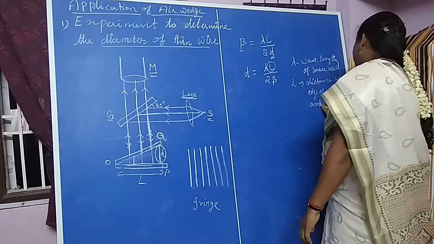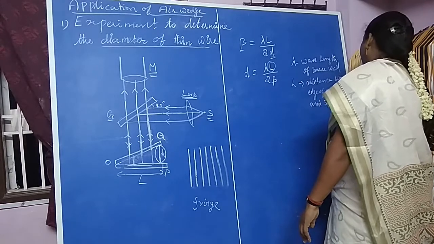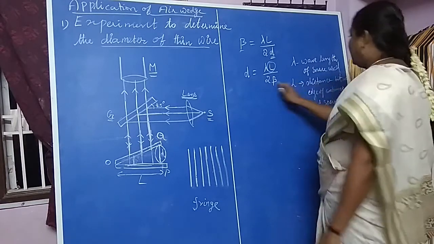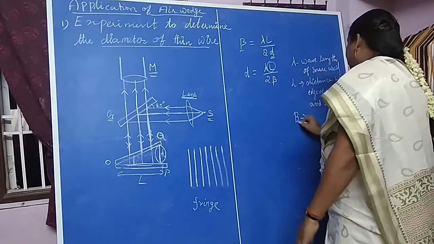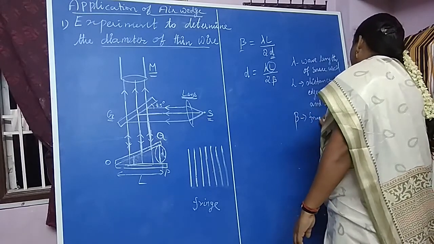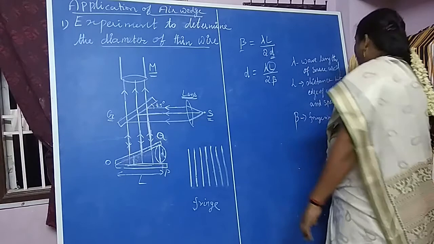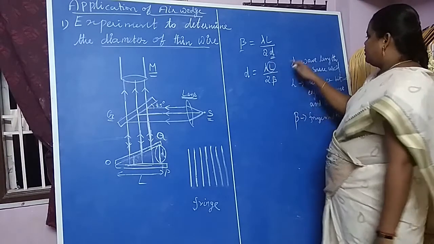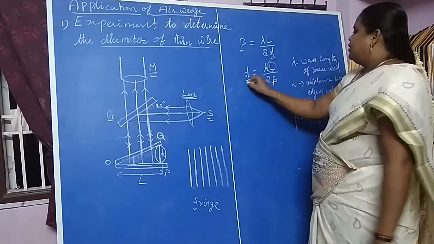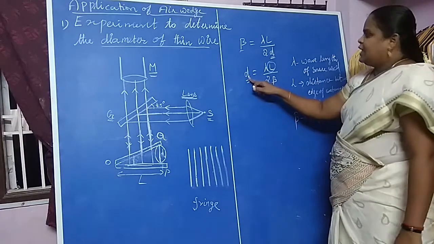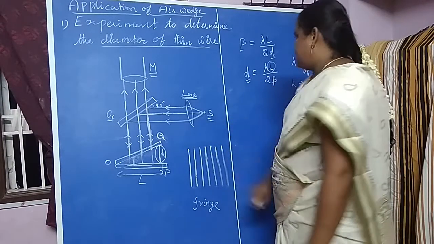And beta is the fringe width. So by knowing these three values, lambda, L and beta, we will determine the thickness of the wire used.